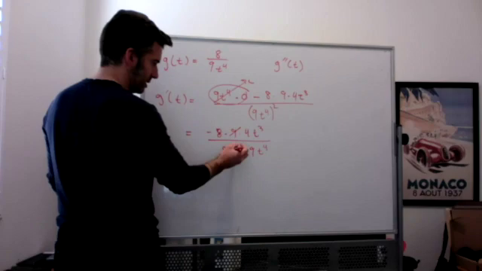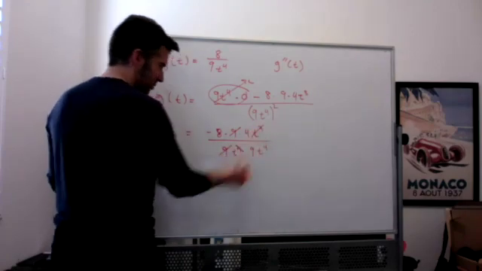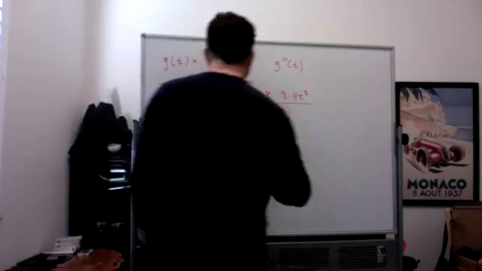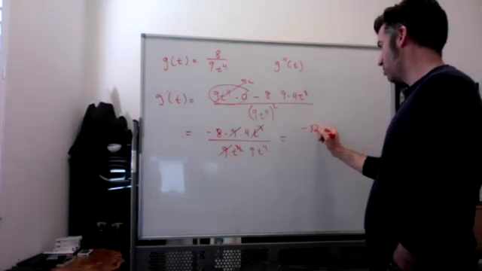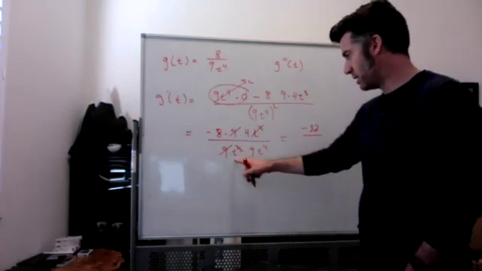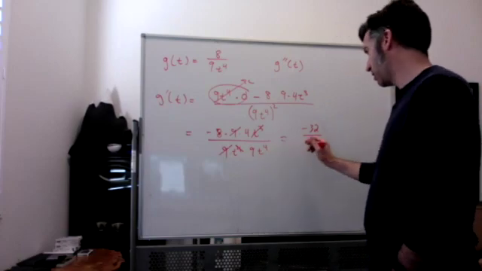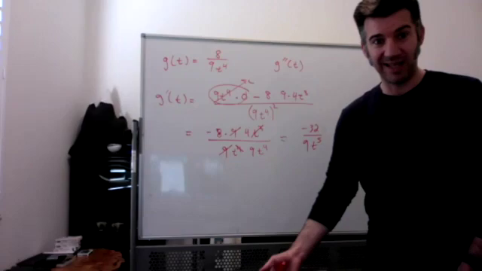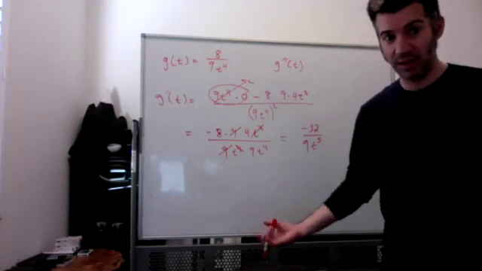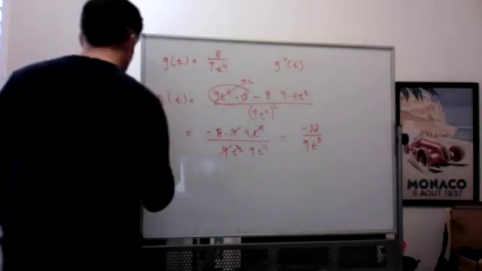I can cancel a t cubed. So I'm left with negative 8 times 4, which is negative 32, over t times 9 times t to the 4th, which is 9t to the 5th. Right, that's going to make things a lot easier if we have to differentiate again. So let's take the second derivative.